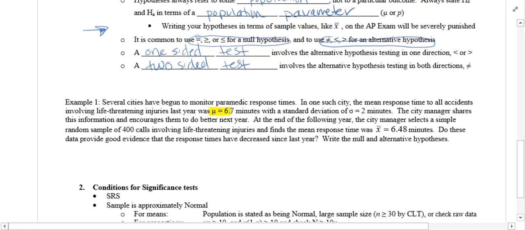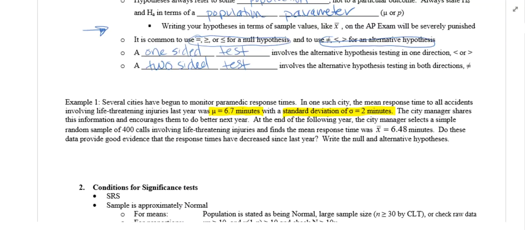We have the population mean is 6.7 minutes and a standard deviation of 2 minutes. This is different than last chapter. Last chapter, we didn't have the population mean. We were trying to estimate it with a confidence interval. And now we have both the population mean and the population standard deviation.